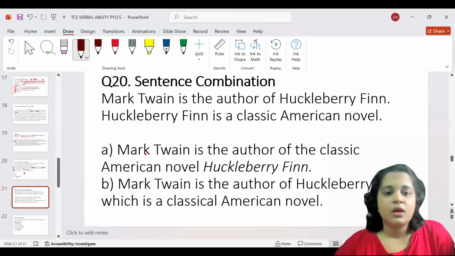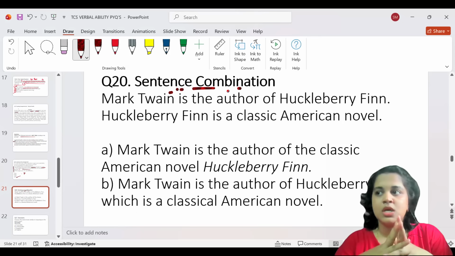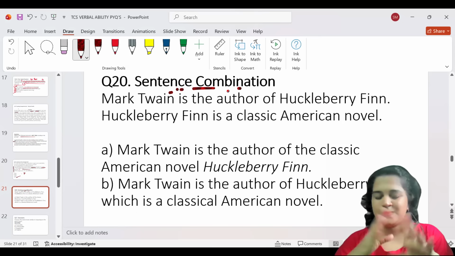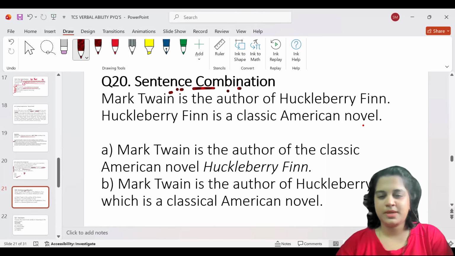Now we have a sentence combination. Here you just have to combine two sentences using a conjunction or a compound. It's pretty easy. Mark Twain is the author of Huckleberry Finn. Huckleberry Finn is a classic American novel. Option A: Mark Twain is the author of the classic American novel Huckleberry Finn.